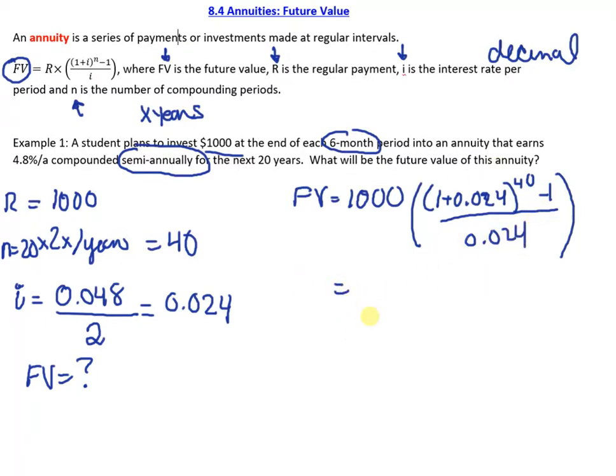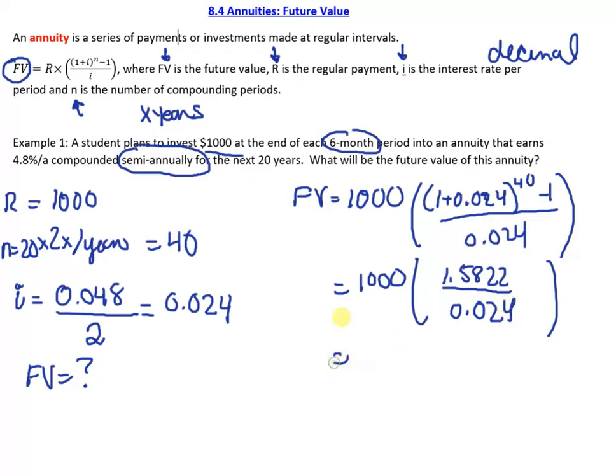Okay, let's actually do the bracket first. So that we can walk you through the steps, I'm just going to do the numerator first. 1.024 raised to the exponent 40, and then we're going to subtract 1 from that. So on the top, I get 1.5822.